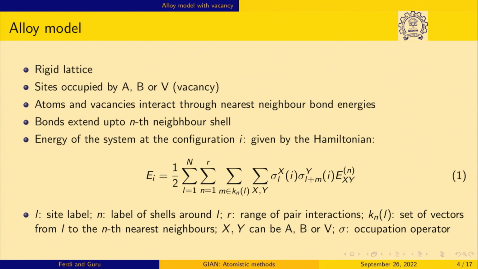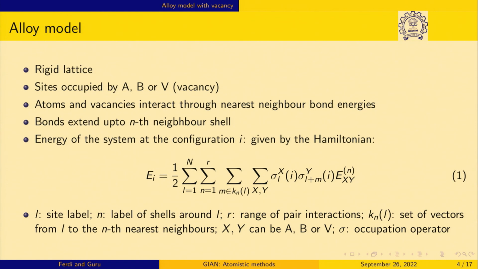And then the last part is basically site occupancy: sigma L is occupied by A or B or vacancy, and the neighbor site that it connects to is occupied by A or B or vacancy. That is what the sigma L xi and sigma L plus m yj represent, okay.